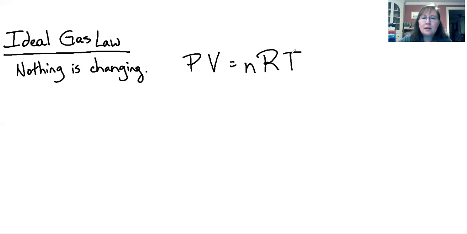So what does each one of these things mean? T is temperature in kelvins, very important. P is pressure in atmospheres. So if you're given a pressure in anything other than atmospheres, you're going to have to convert it first.